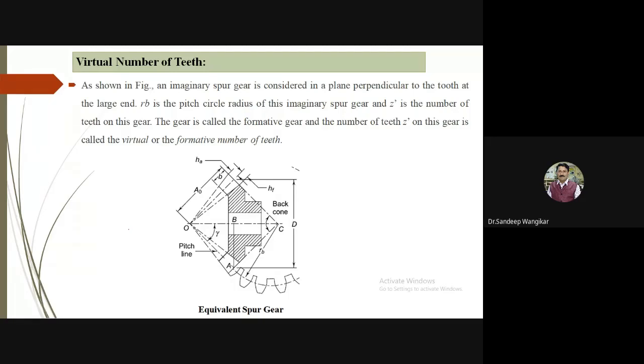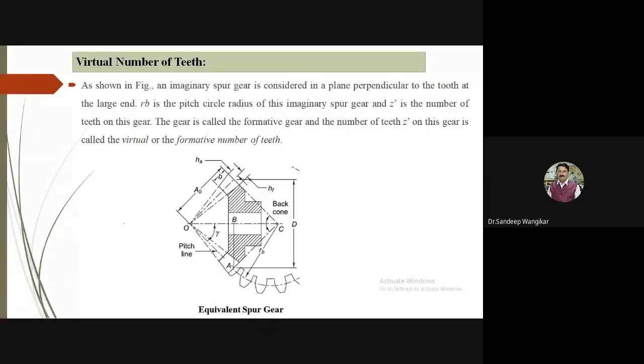In helical gear, we cut the helical gear at right angle, and an imaginary spur gear is assumed in a plane perpendicular to the helical gear, and that particular imaginary spur gear we have called the virtual gear. Whatever the number of teeth on that imaginary spur gear, we have taken as the virtual number of teeth, or imaginary teeth, or formative number of teeth.